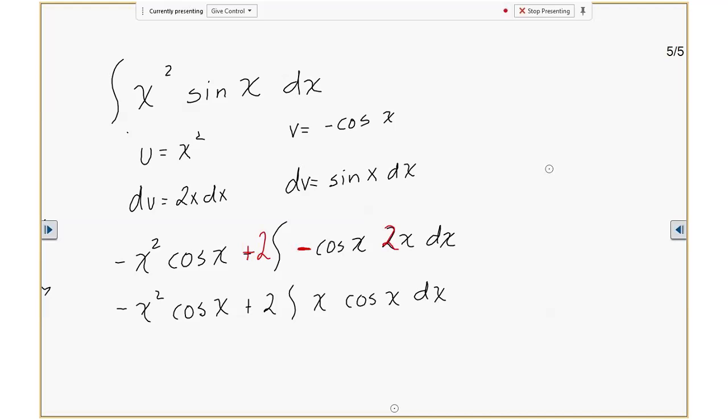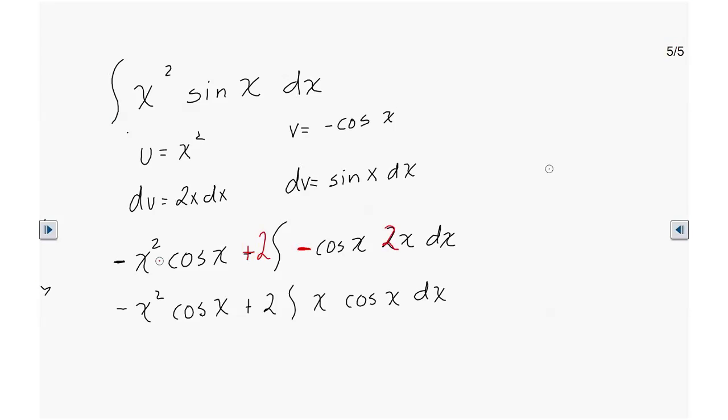I think that's right. So where do we get the negative x squared in the very beginning? Is that because of the cosine? Okay. I brought this negative right here. That negative right there, I brought out here.